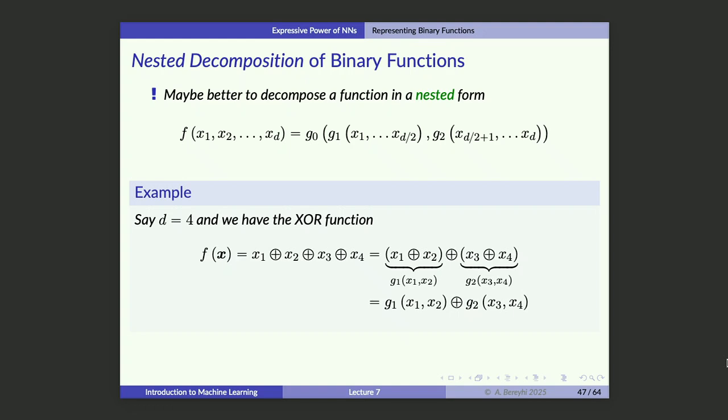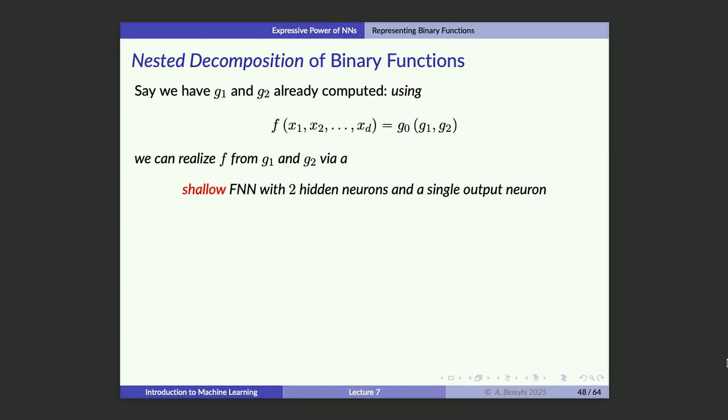So essentially, you can show that in the binary space, this is really possible. You can have this nested decomposition. And since you can have this nested decomposition, we can actually realize this nested form much more simply, okay?